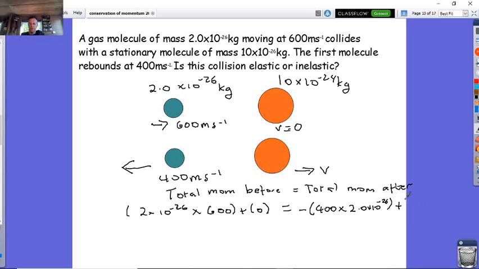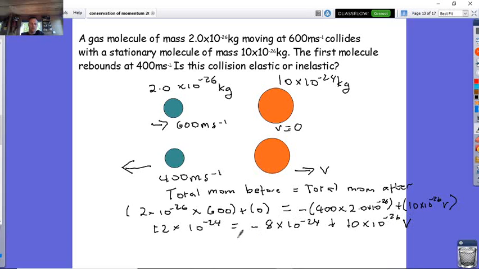And this one, I'm running out of space here, is going to be my 10 times 10 to minus 26 v, because I multiplied by the velocity. Therefore, if I put those two in, I get 12 times 10 to minus 24 here. Then it's going to equal minus 8 times 10 to minus 24, plus that 10 times 10 to minus 26 v.